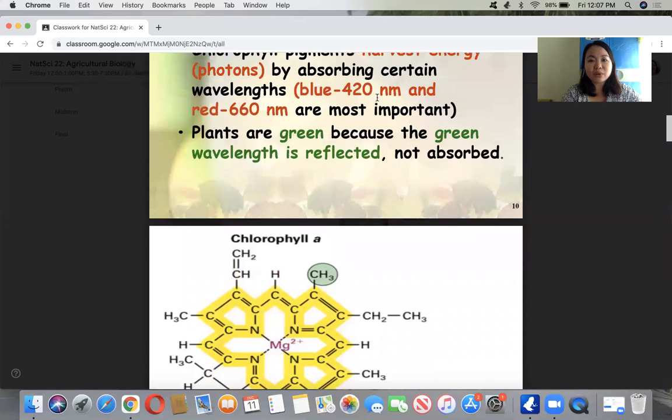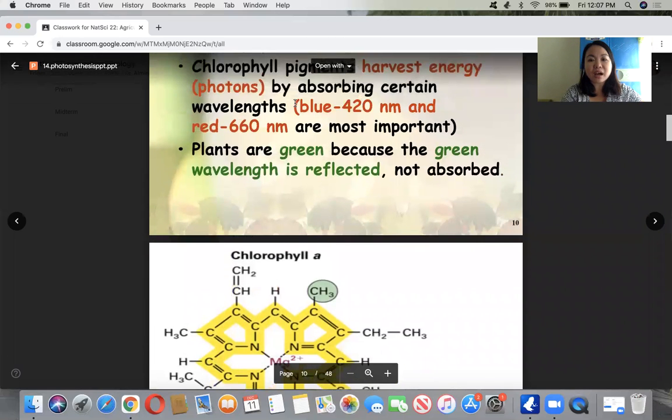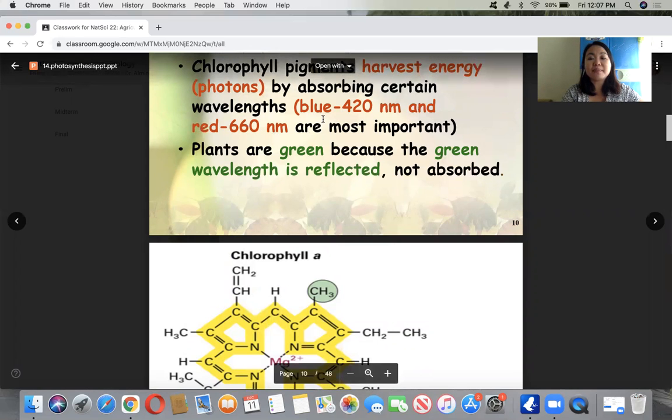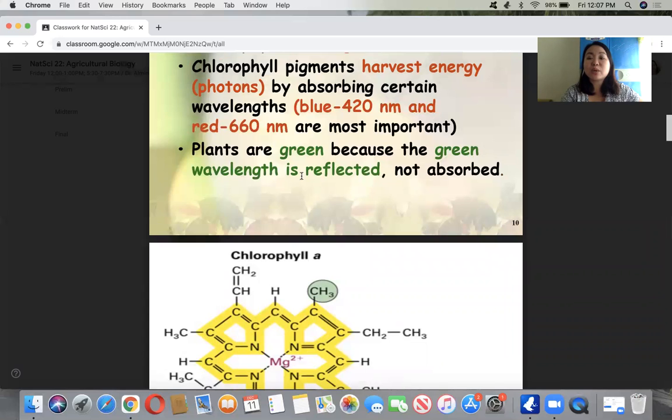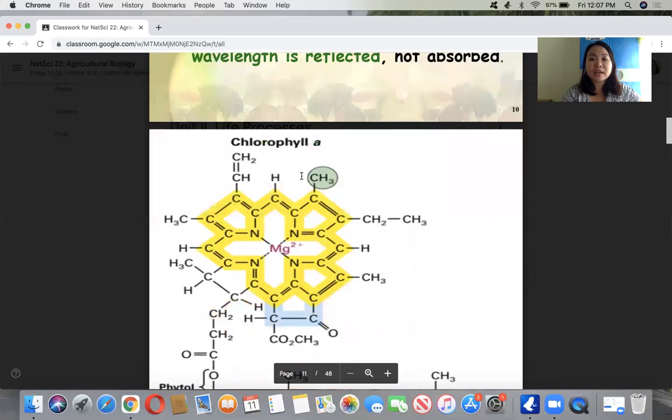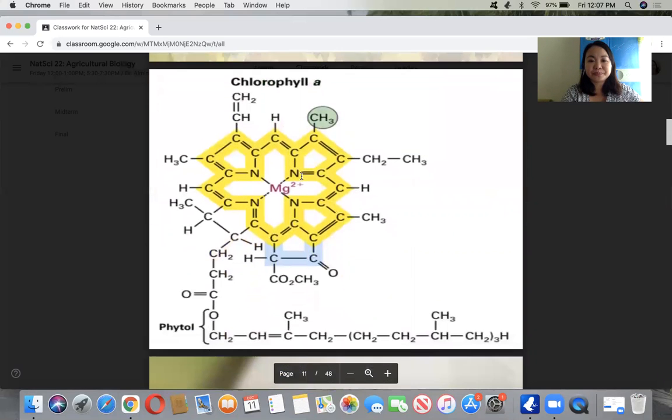As you can see, the only wavelengths actually absorbed are the blue, 420, to the red, 660 nanometers. These are the ones being absorbed by the plant, and that's why the green color is reflected, and that's why green leaves are green because of the green reflection.